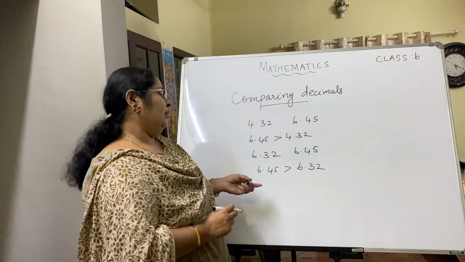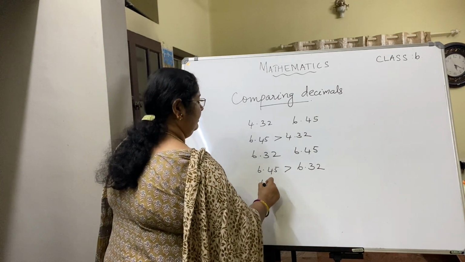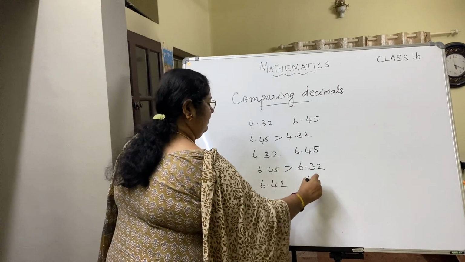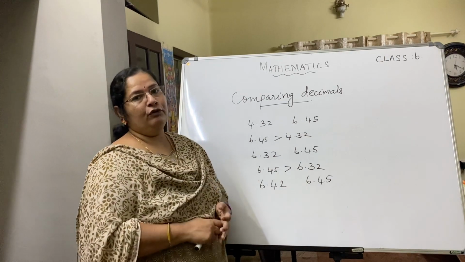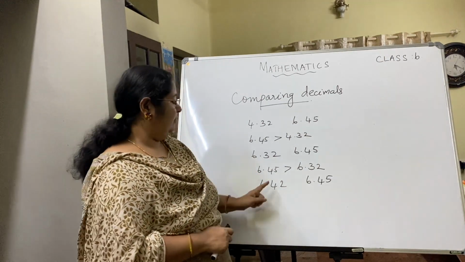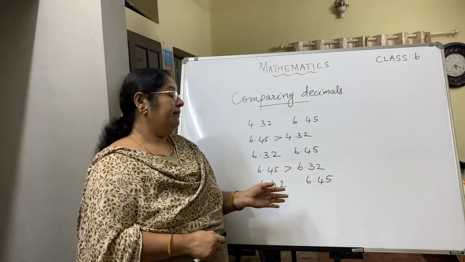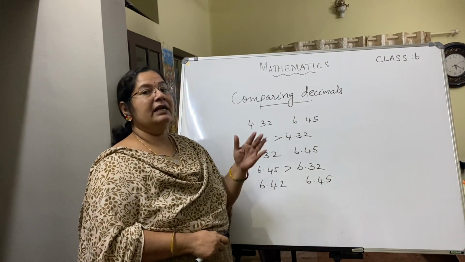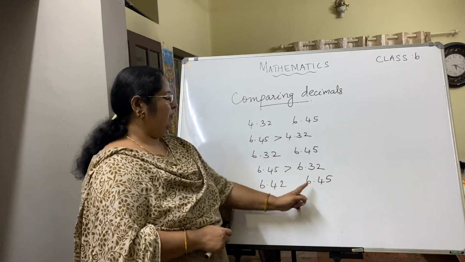Understood? Now, one more type we are having. Suppose it is like this, 6.42 and 6.45. First step, you compare the whole number part. Both are 6, same. Then you go for comparing the decimal part starting with the 10th place. Here it is 4, here also 4.